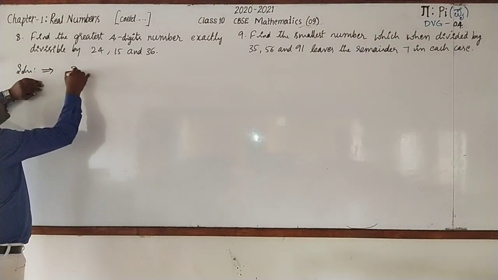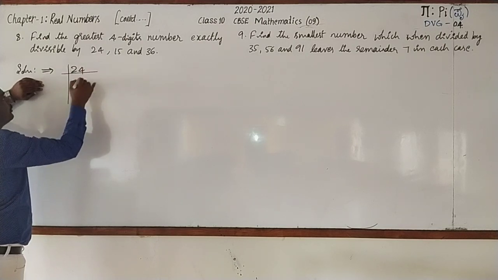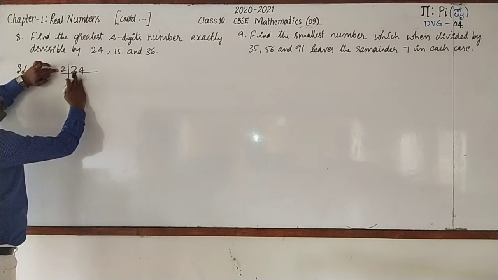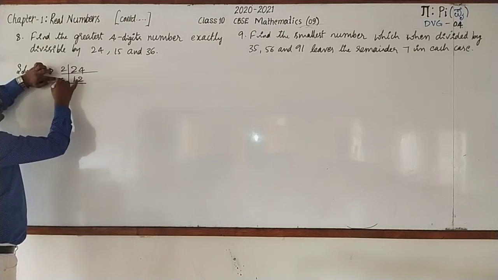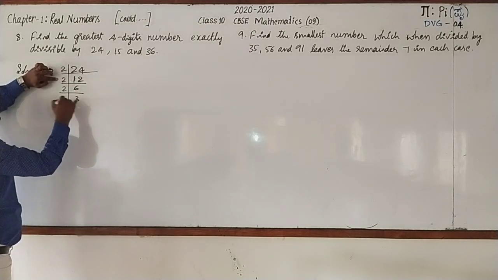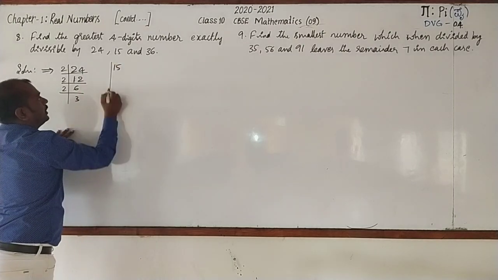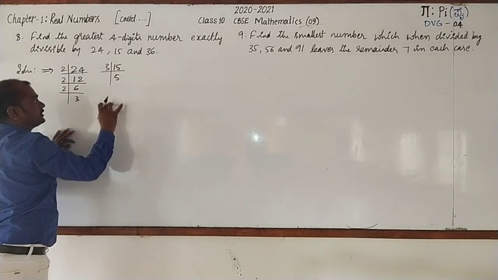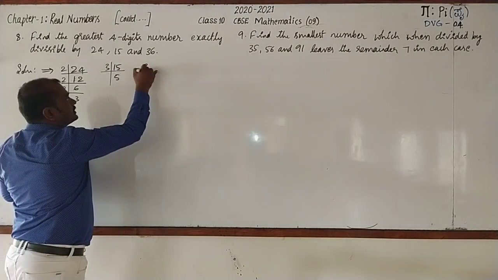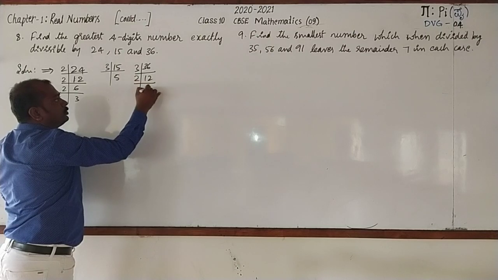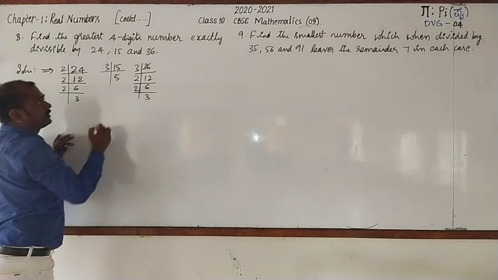To find that, let us use prime factorization. 2 1s are 2, 2 6s are 12, 2 3s are 6... next 15, 3 5s are 15. Then 36: 3 1s are 3, 2s are 2, then 2 6s are 12, 2 3s are 6.